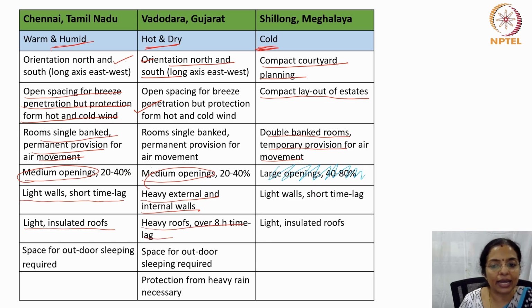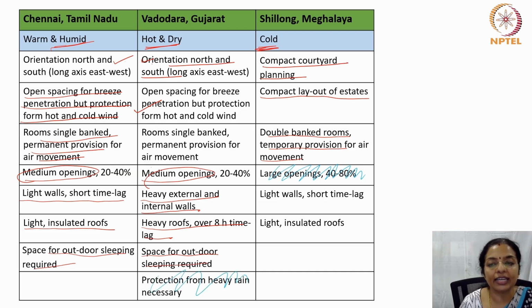Whereas Shillong, it says light insulated roofs. Provision for outdoor sleeping is required for warm and humid, and again for hot, dry, it says space for outdoor sleeping is required. And for hot, dry, it says protection from heavy rain.